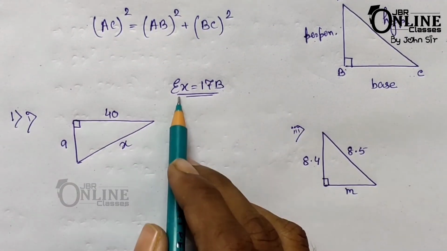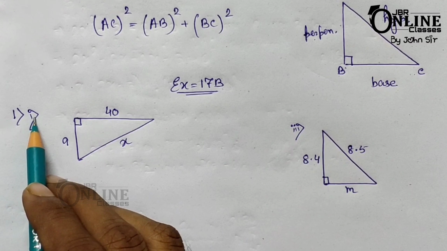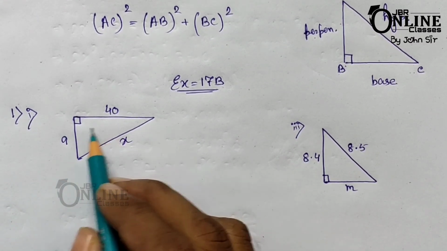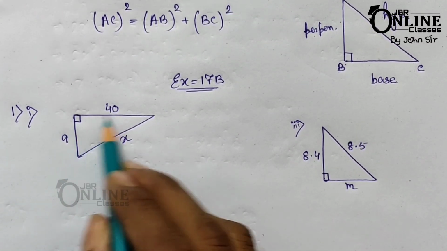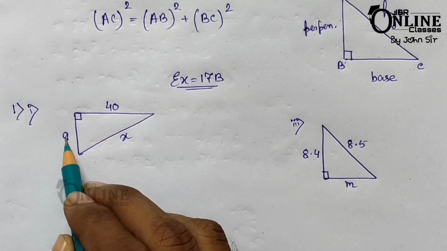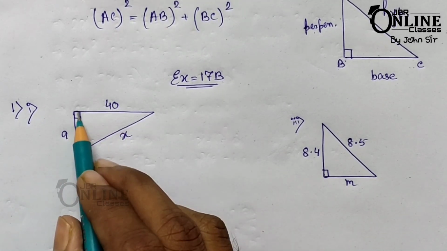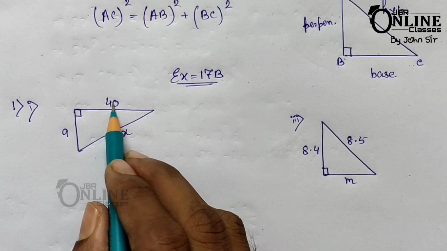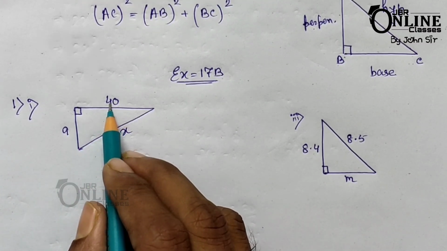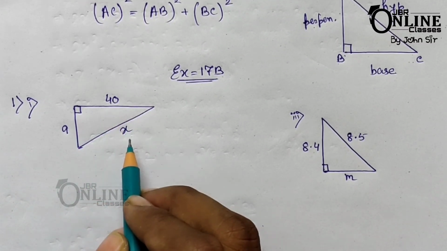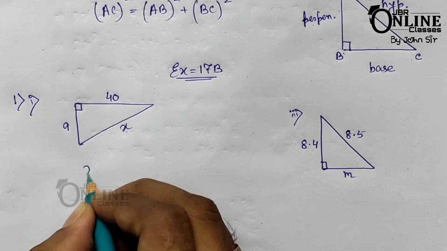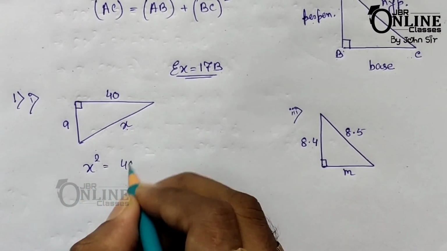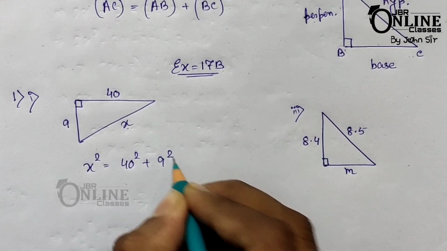So now let's start exercise 17b. Here sum number 1. Here is a triangle. In the triangle this angle equal to 90 degrees and this one equal to 40, this one equal to 9 and this one equal to x. So that means here base equal to 9, height or perpendicular equal to 40. So x means hypotenuse. According to the formula, hypotenuse square equal to 40 square plus 9 square.